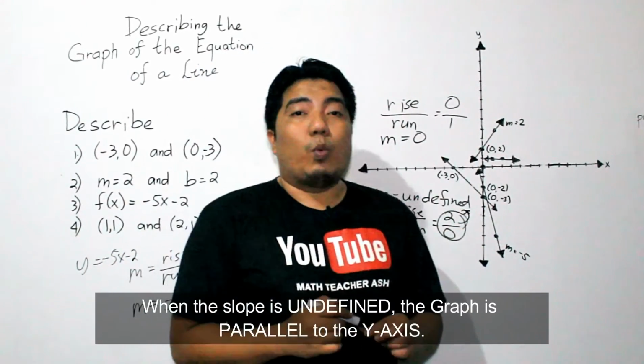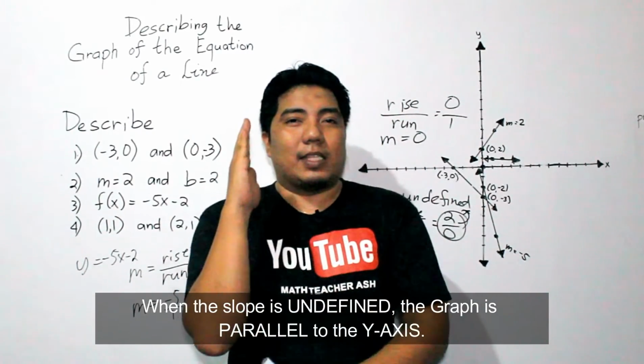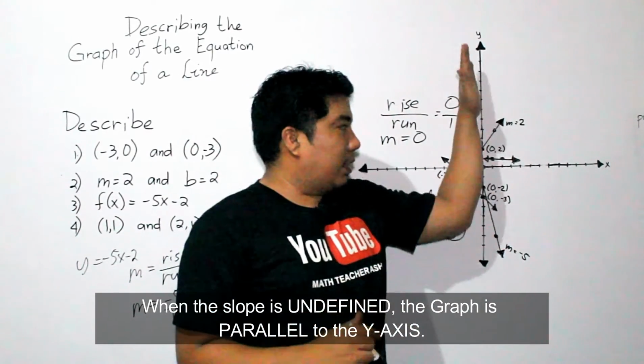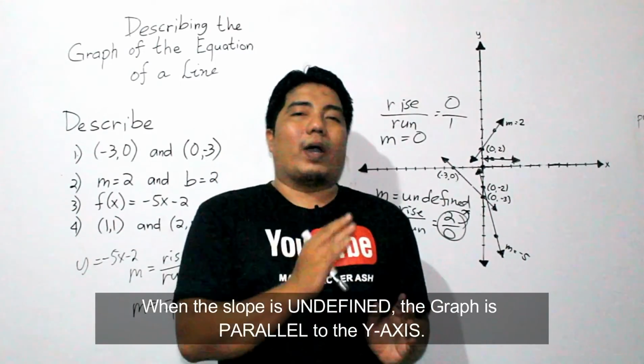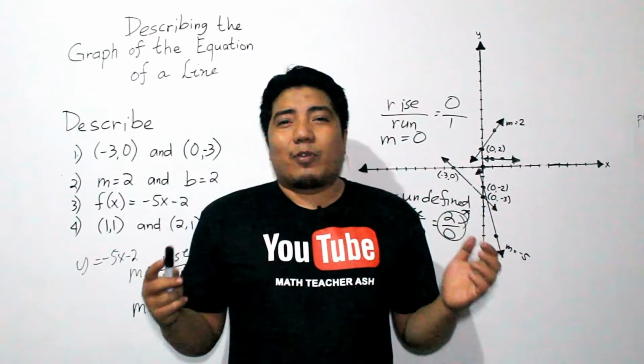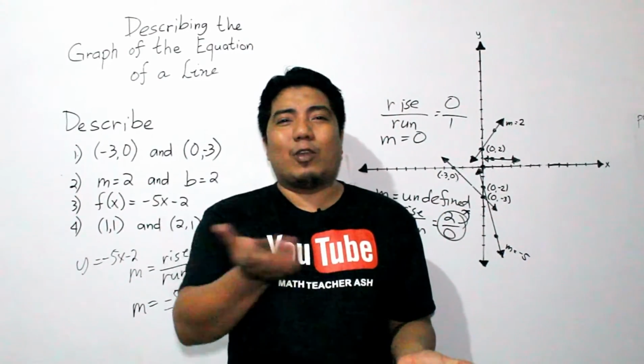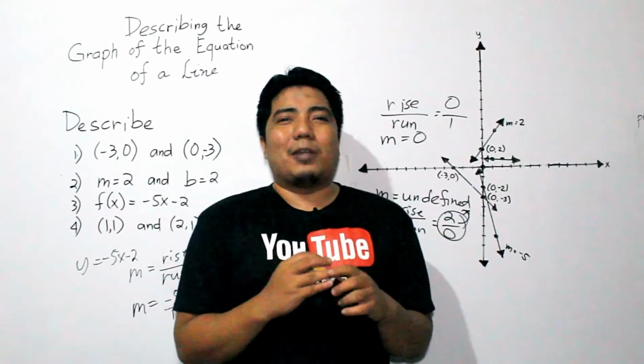And your graph will become like this. Okay? Vertical line, that is parallel to your y-axis. And this is how you describe graphs of a linear equation given different scenarios. And I hope that is very clear to you, my dear math learners.